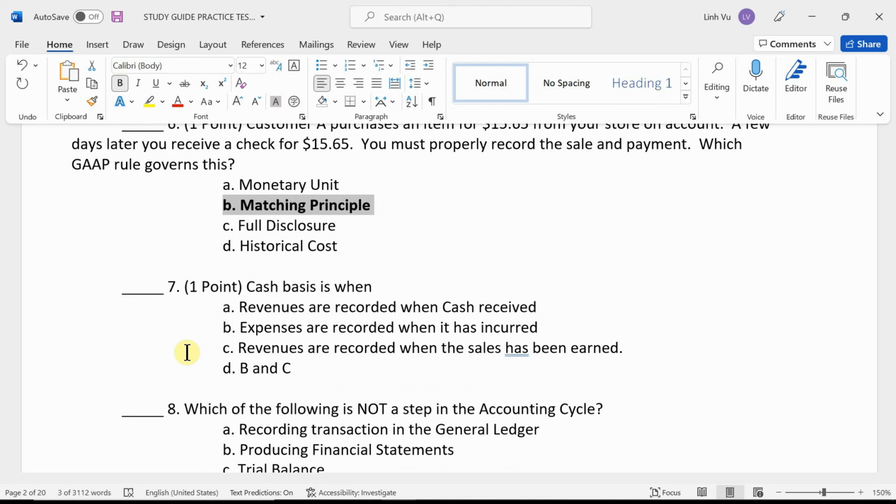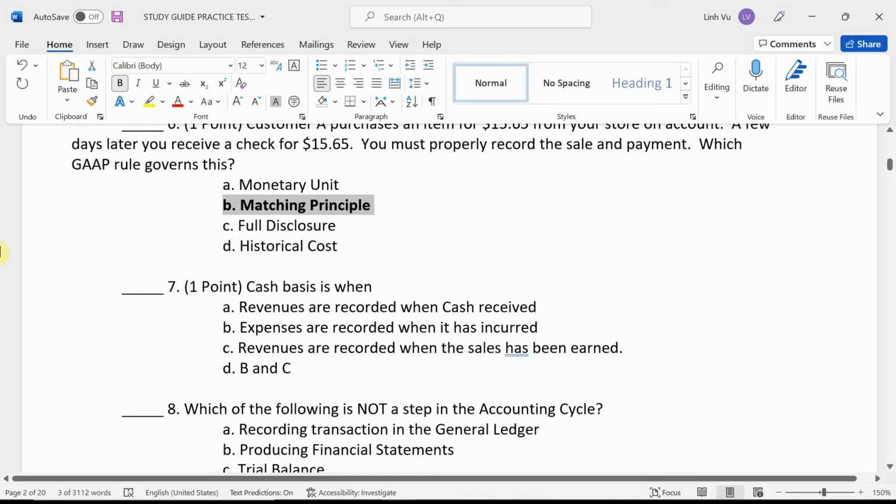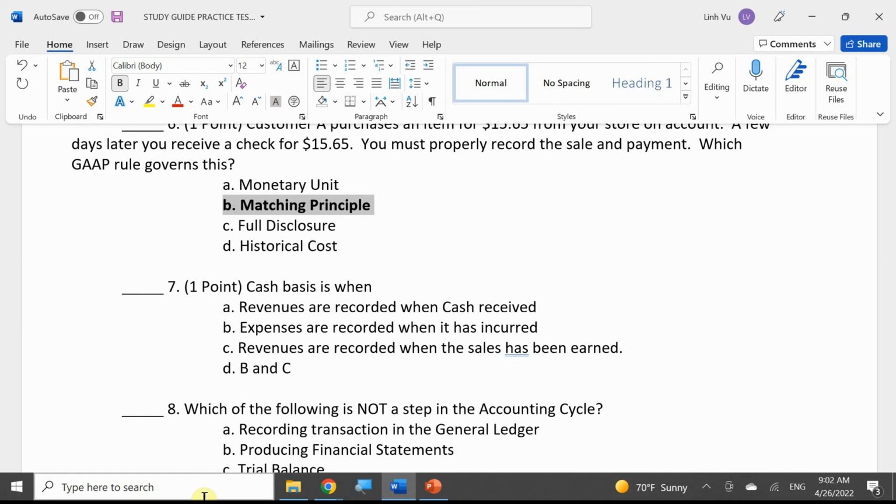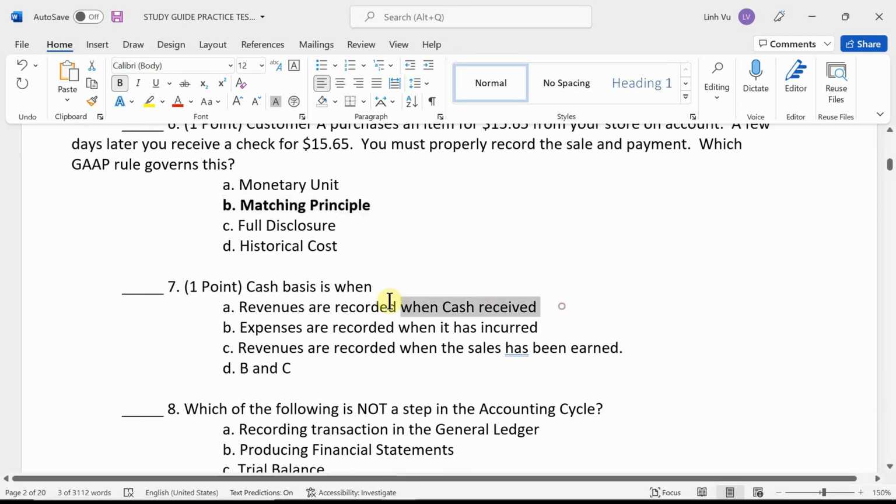B says expenses are recorded when incurred, which in this case, no. Revenues are recorded when sales have been earned, no. The purpose of cash basis is basically exactly that. You need cash to be able to operate your business. You need cash to flow in and you need cash to flow out. So in this case, A is correct for cash basis.